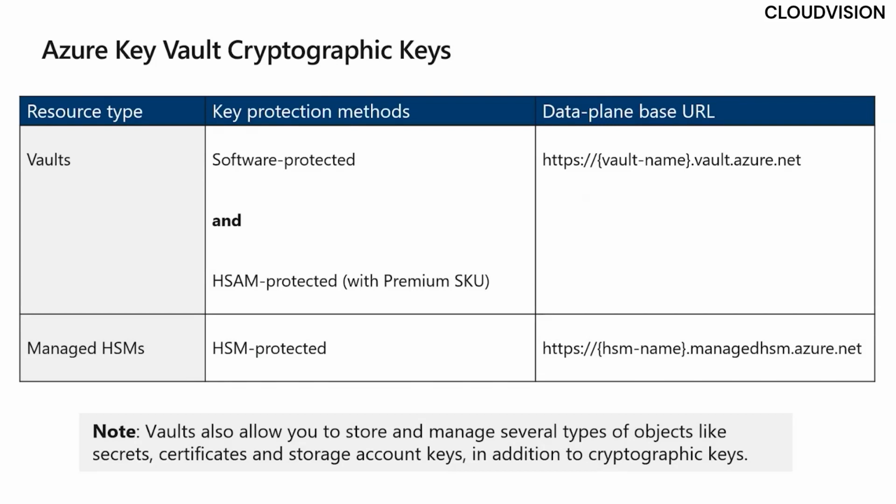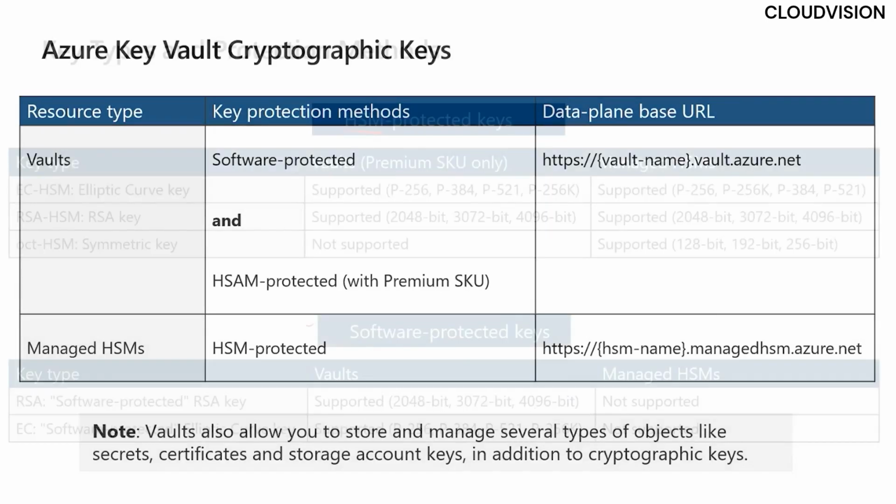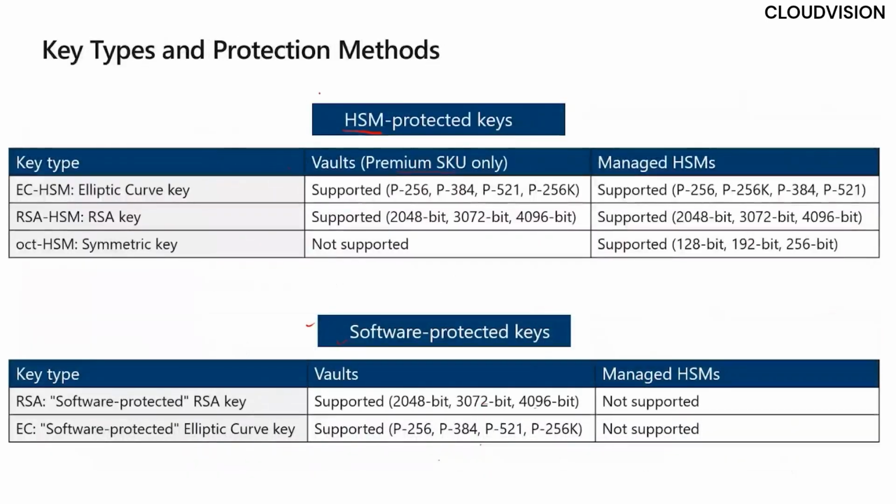And as you choose between software and hardware type of Key Vault, the types of key will change. So what kind of key type, what type of protection methods are you going to get? If it is HSM protected keys, then you can have three types of keys, EC key, RSA key, and OCT key for your managed HSM.